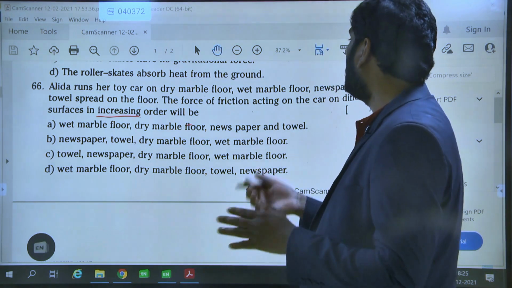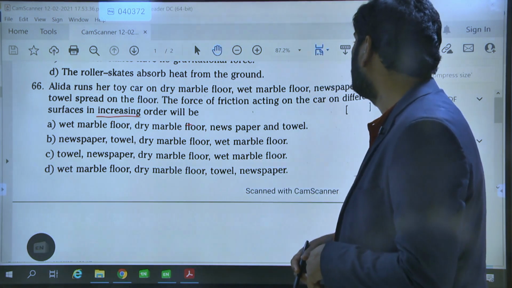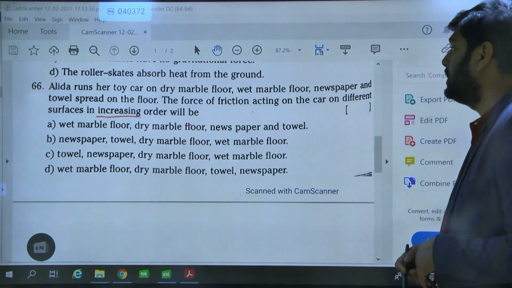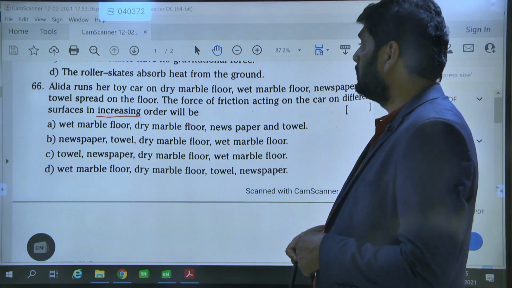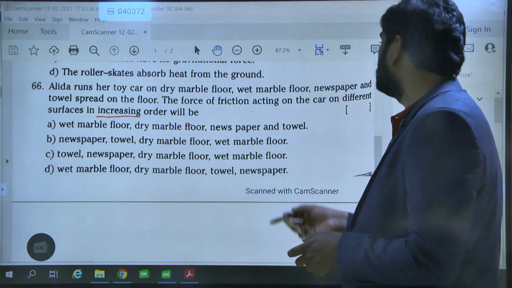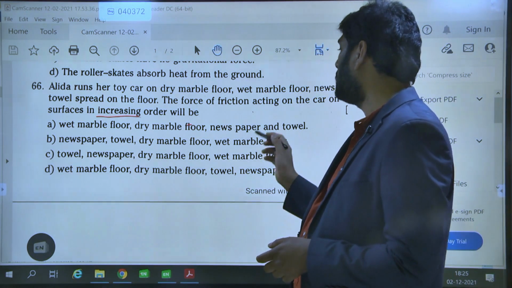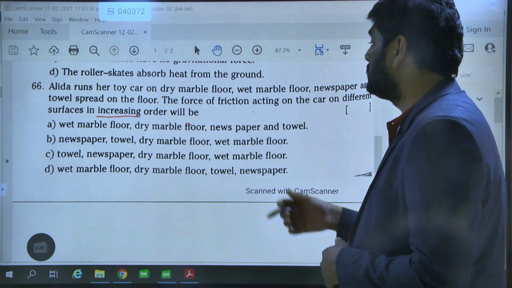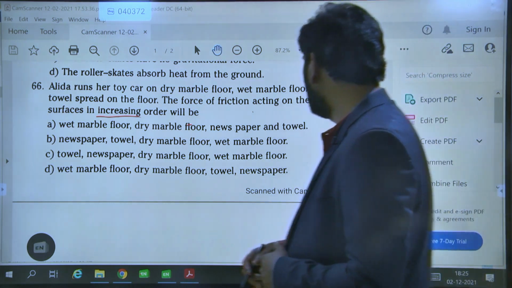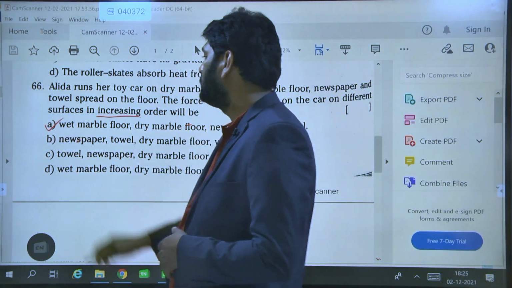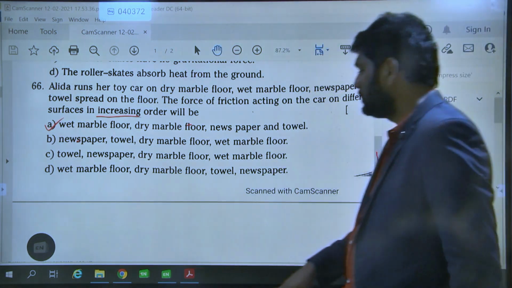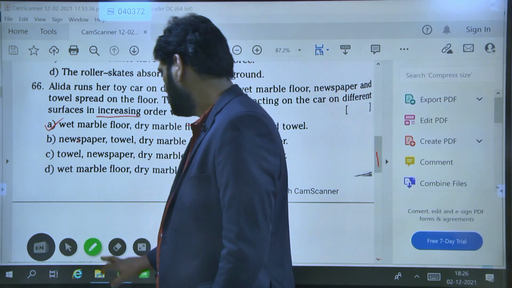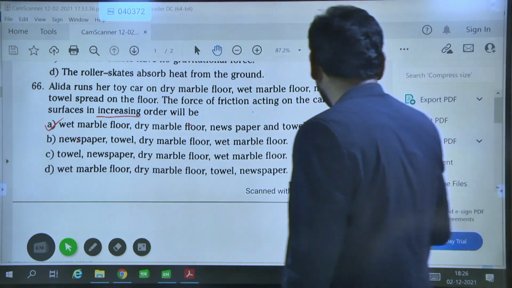Next, dry floor is smooth, newspaper is smooth, and towel is smooth. So the option will come as A. Understand? Yes. Similarly, go for the next.